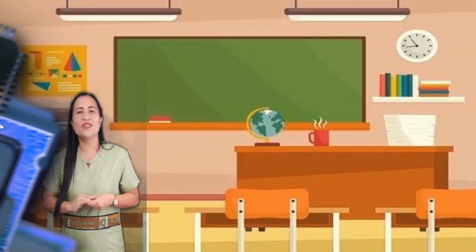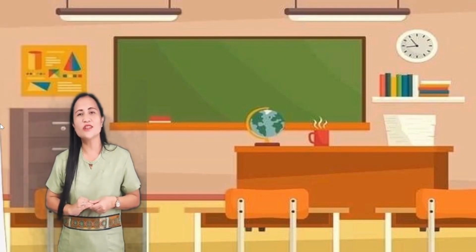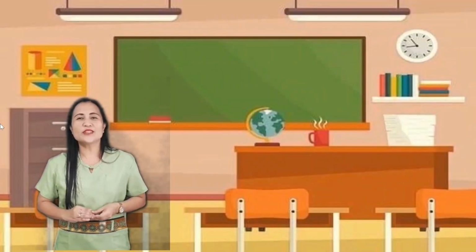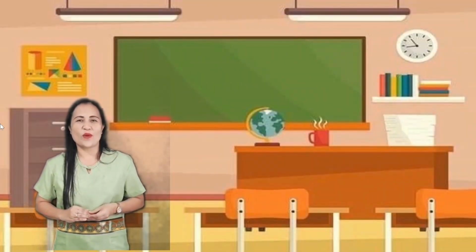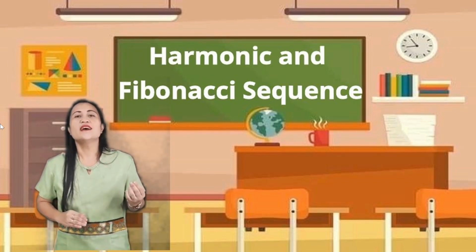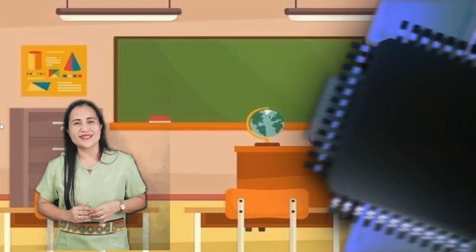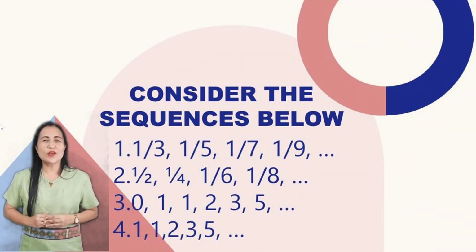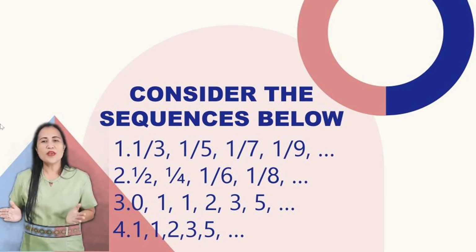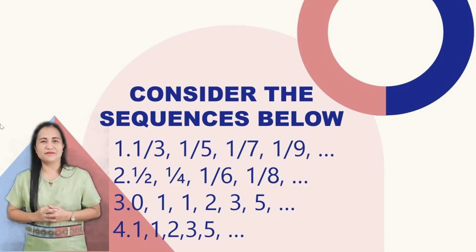I guess you're ready now to encounter other types of sequences. For this lesson, we are going to illustrate other types of sequences, such as the harmonic sequence and the Fibonacci sequence. Consider the sequences given: 1/3, 1/5, 1/7, and 1/9.